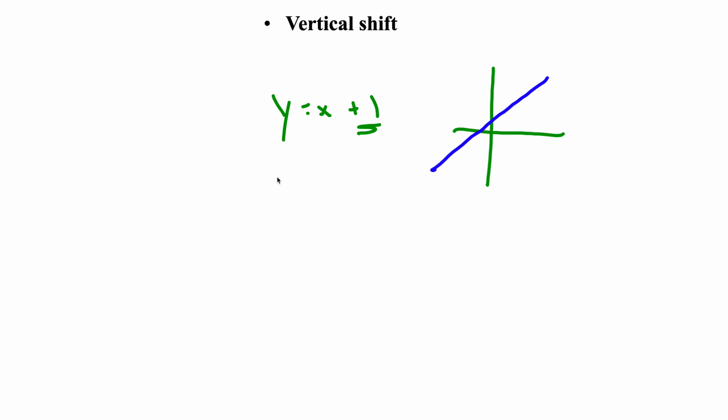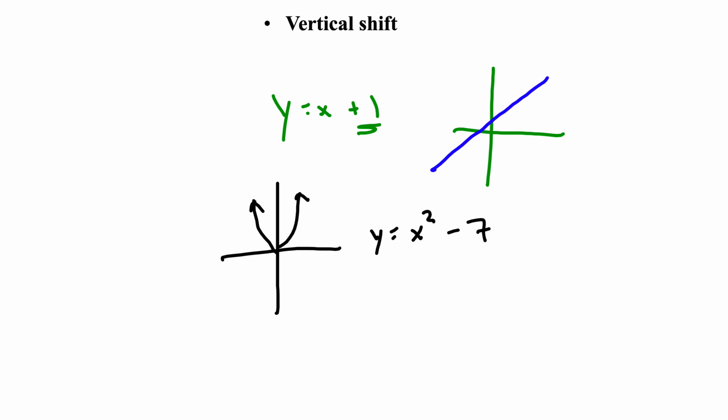So if you were looking at a graph of a quadratic that is shifted vertically, that can go up and down. So if I did a -7, what would that mean? Well, y equals x squared in the most basic form looks like that. And if I take that whole thing and I subtract 7, it means all the values are going to be 7 lower uniformly.